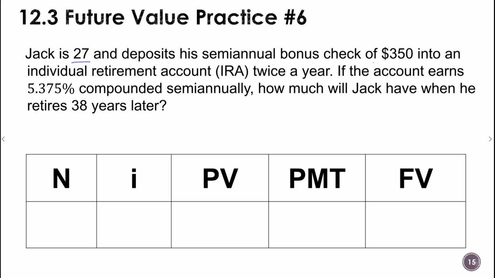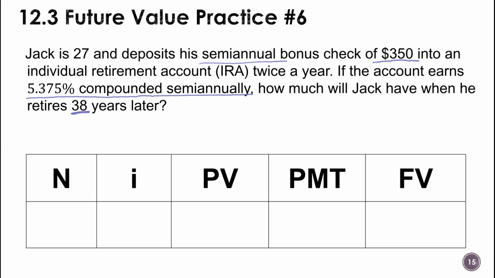So he's depositing $350 semi-annually, twice a year, and it's 5.375% compounded semi-annually. How much will Jack have when he retires 38 years later? So we don't really have to know the 27, but we do need the 38.